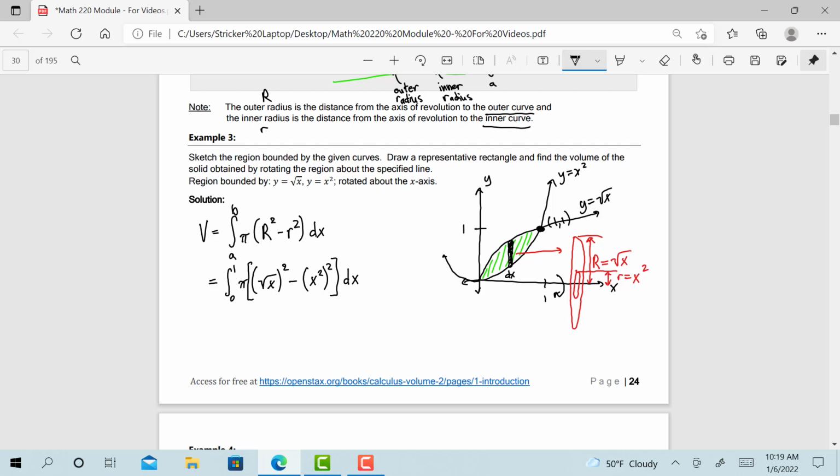And before we take the antiderivative, we can go ahead and simplify that. So move the pi out front. Square root of x squared is x. And x squared squared is x to the fourth. Taking the antiderivative, we get 1/2 x squared minus 1/5 x to the fifth.